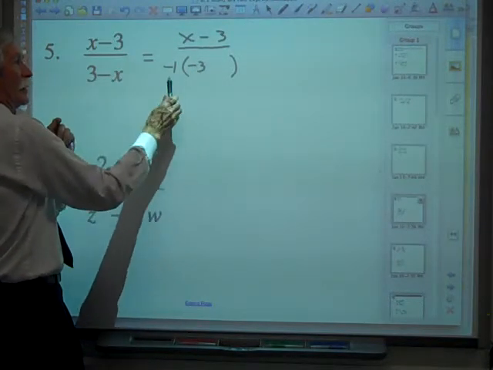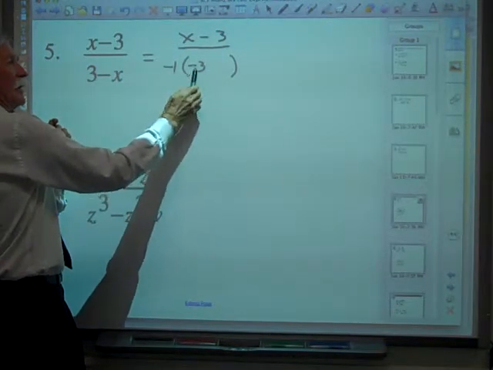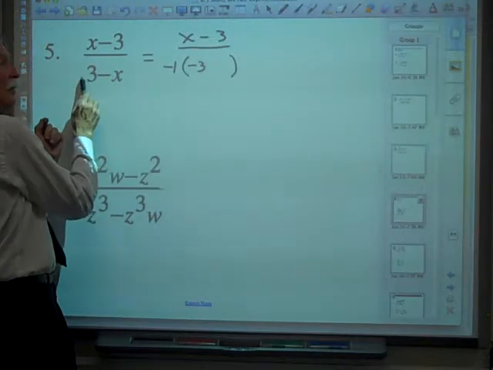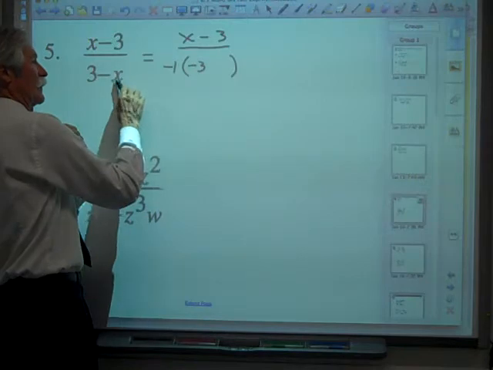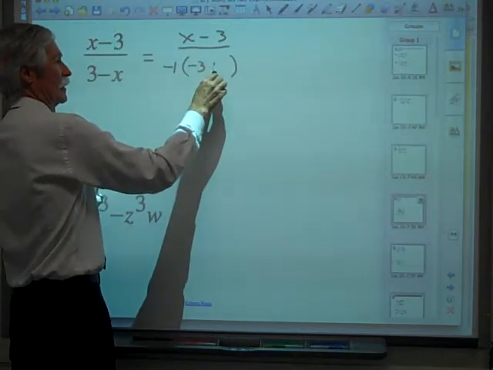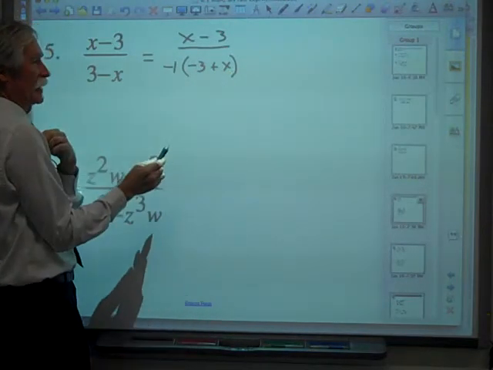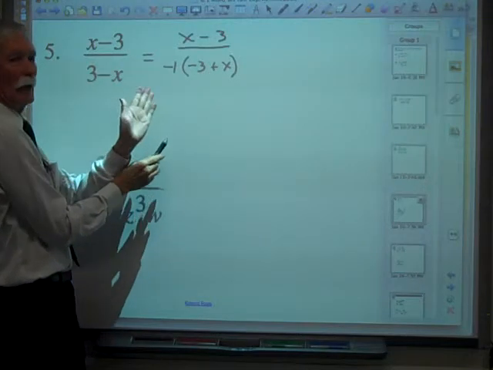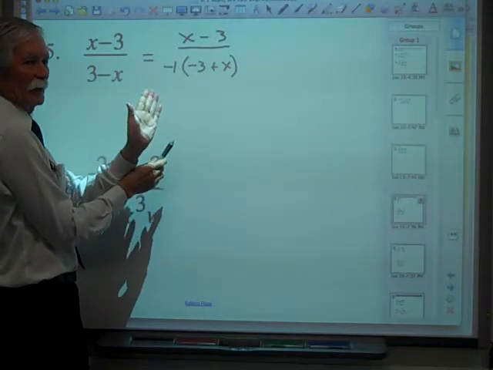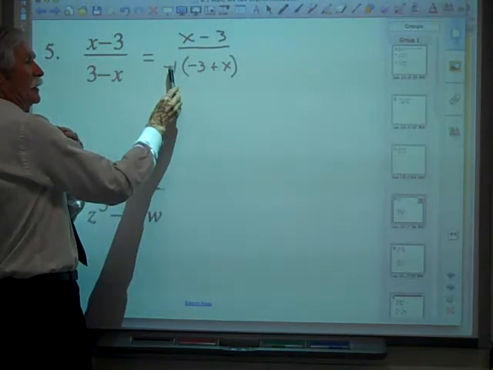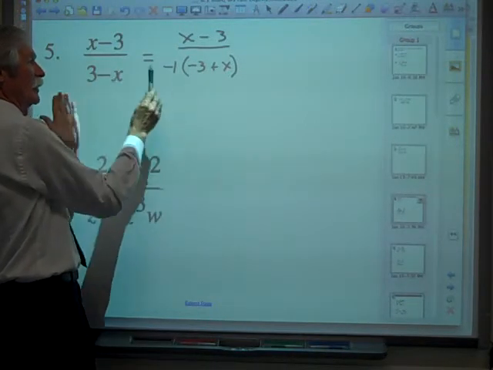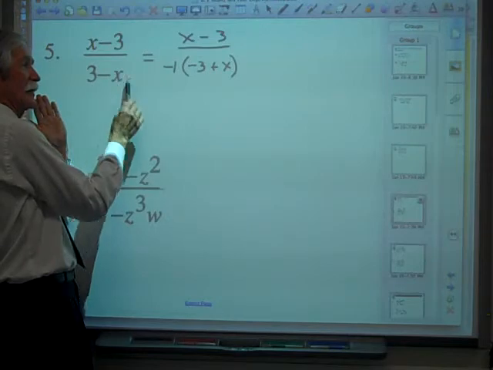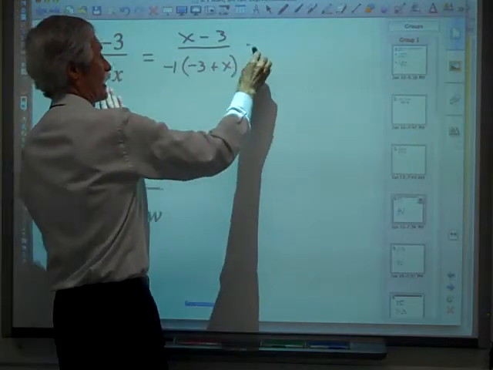It has to be negative. What's negative 3 times negative 1? Positive 3. And what does this have to be so that we keep a minus x? Positive x. Let's check it. What's a negative times a negative? A positive. And a negative times a positive is negative. So this is exactly the same as it was before. And why do you do that?